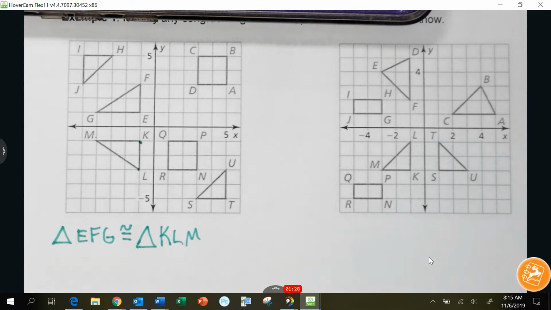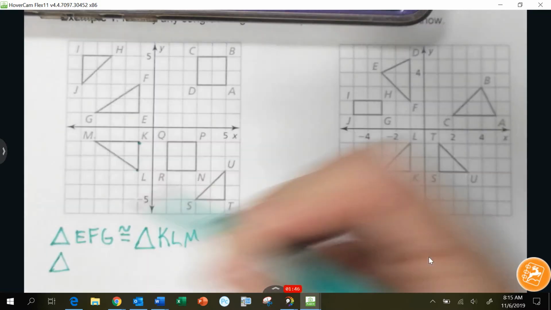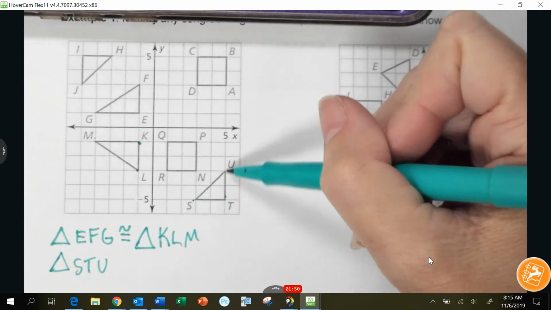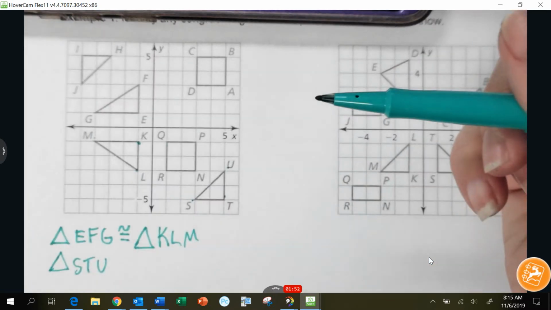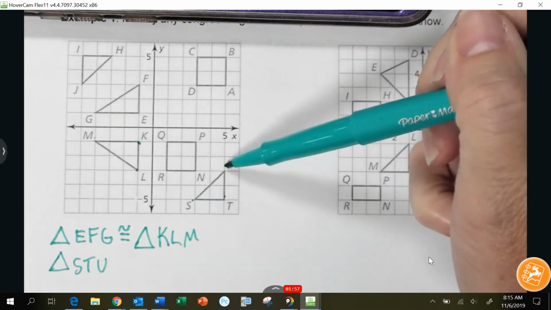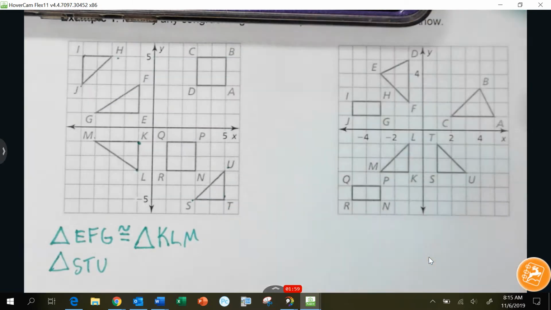Can you find another one that's congruent? Or maybe 2 more? Depends how many we have here. Lynn, what do you think? Okay, triangle, she said STU. So STU, and so if I say STU, I'm probably going to go JIH.